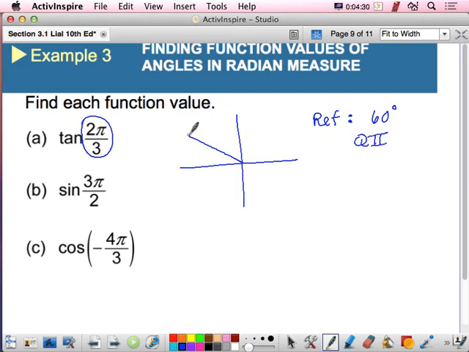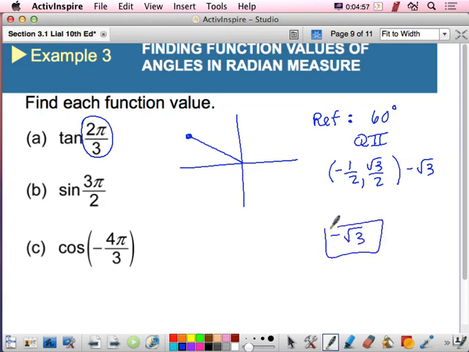And that will allow me to identify the ordered pair that goes with it, which is -1/2, positive square root of 3 over 2, with a tangent value of negative square root of 3. So just by knowing the reference angle, you should be able to figure it out within the positive or the negative. And then once you know the quadrant, you can put the sign on. So we know that the tangent of 2 pi over 3 has to be negative square root of 3.